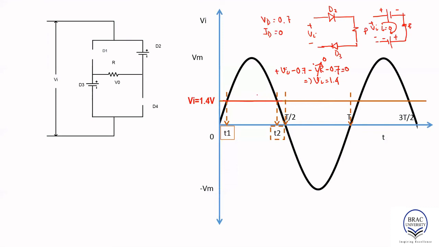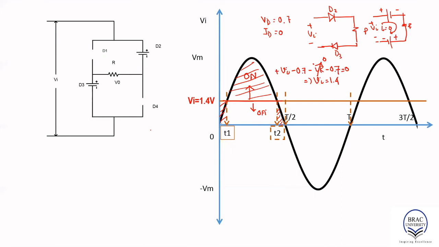Okay. So since the diodes are oriented in clockwise direction, we know that for the range of voltage above the dotted line, diode is on. And for the range of voltage below the dotted line, diode is off. So that means for all these voltages, diode is on, and for all these voltages, of course, diode is off.